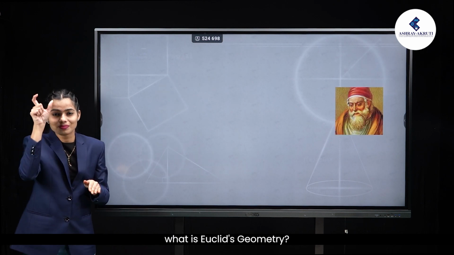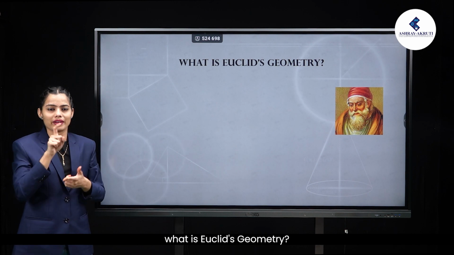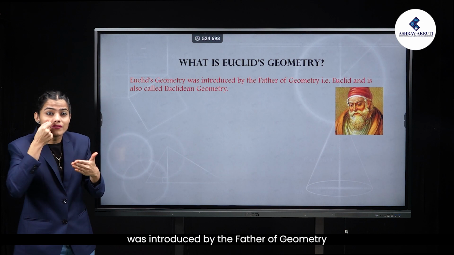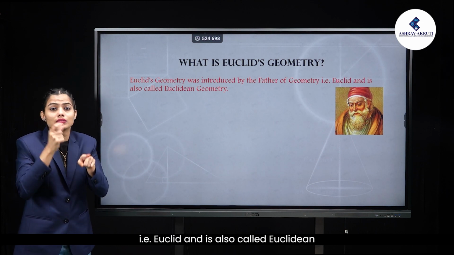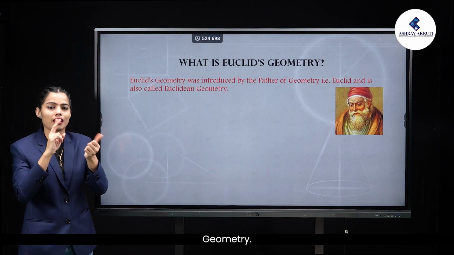Children, what is Euclid's geometry? Euclid's geometry was introduced by the father of geometry, that is Euclid, and is also called Euclidean geometry.